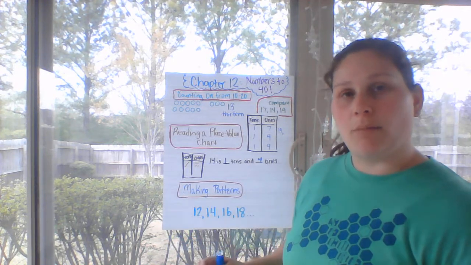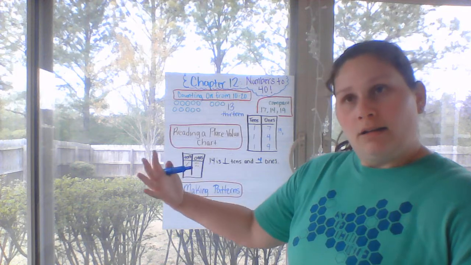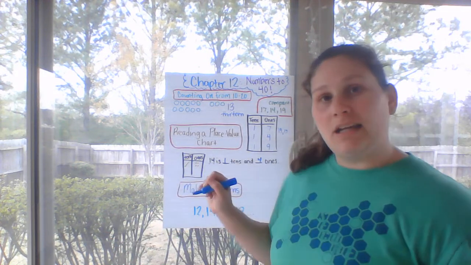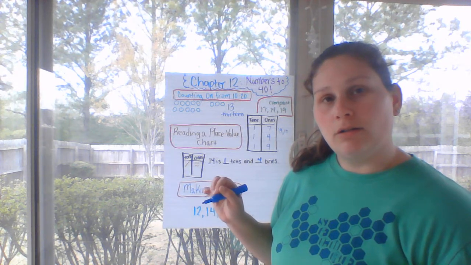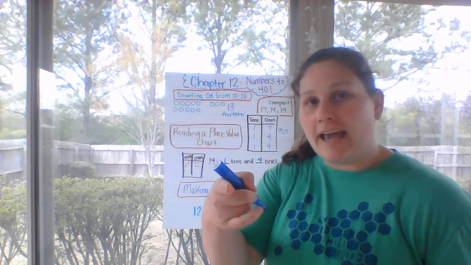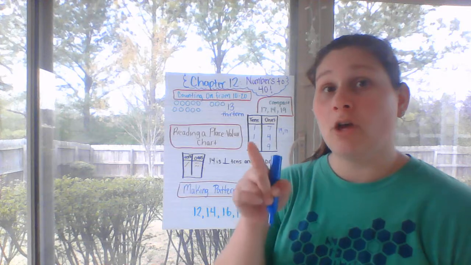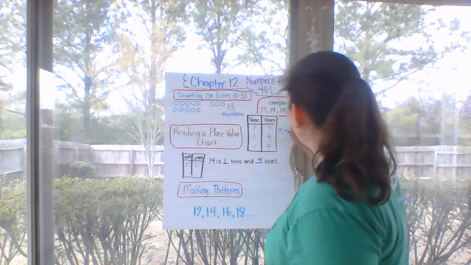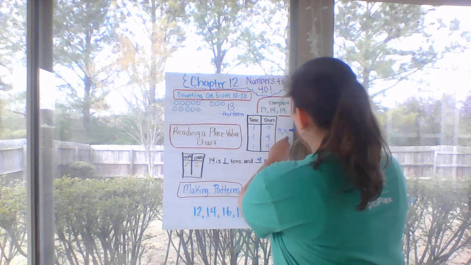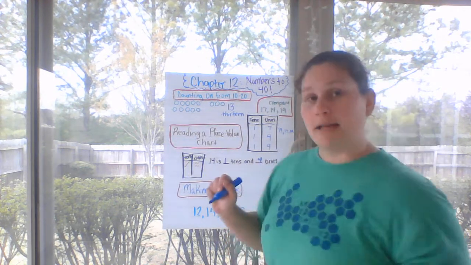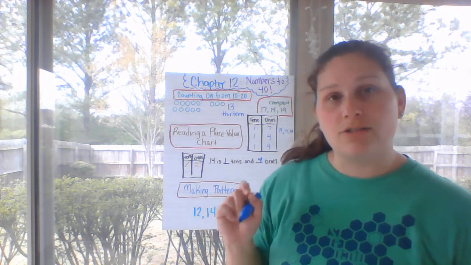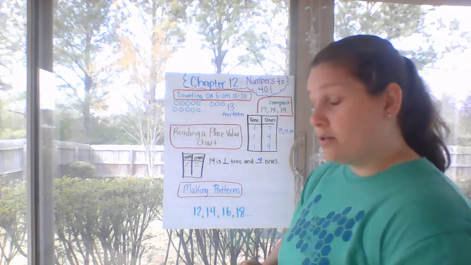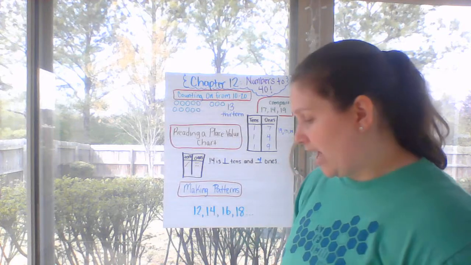What's the next largest number? 17. Yes. Why is 17 the next largest number? Oh, okay, because 17 has 3 more ones than 14. Very good. And then 14 is our smallest or least number out of the 3. Very good. Okay, so just paying attention to that key vocabulary.